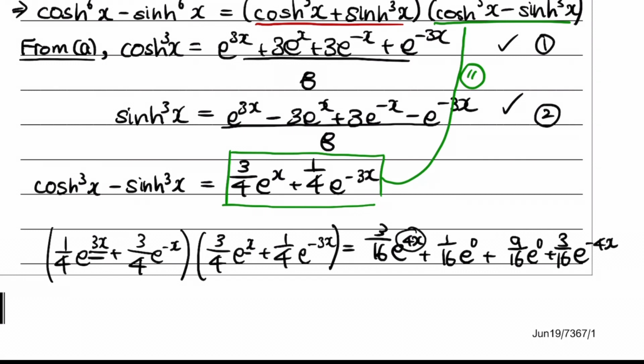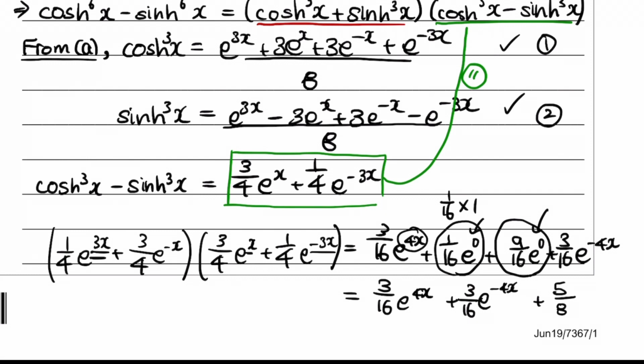If you multiply 3x and this term, e to the power of minus 3x, you add them together, which becomes the power of 0. Everything power of 0 becomes 1. Therefore, these will become just 1 over 16 times 1. This as well, because that also has e to the power of 0 term. Therefore, this equation simplifies as such.